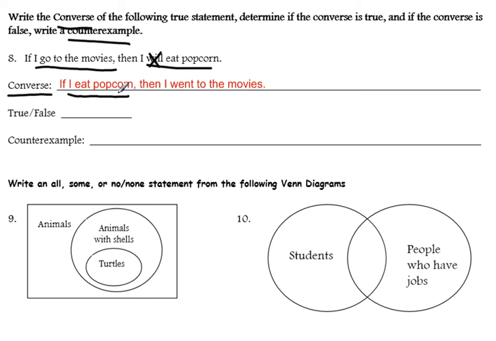When do you eat popcorn, but your conclusion is false? So when do you eat popcorn, but it's not true that you went to the movies? Well, I eat popcorn at my house, so I don't have to go to the movies to eat popcorn. So this is a false statement.